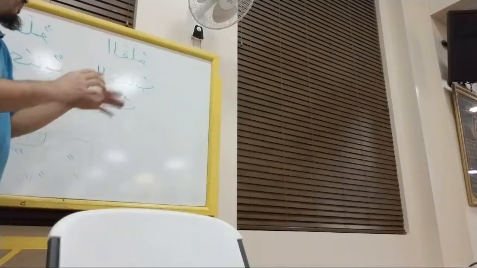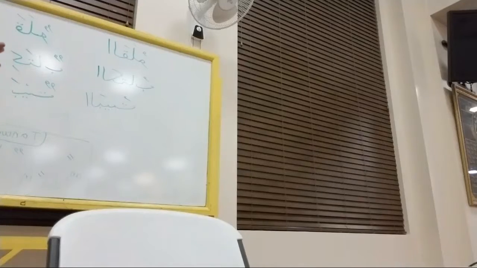So when you look at a noun, you look at what's before it, right? If it has tanween, like for example, I would say it's a little bit complex, but I want you to look at this, right? So this is al-qalamu. Qalamun. Now you know that if it doesn't have alif lam, it has what? It has tanween, right? So how does it sound? Qala, qala. Remember the short vowels.